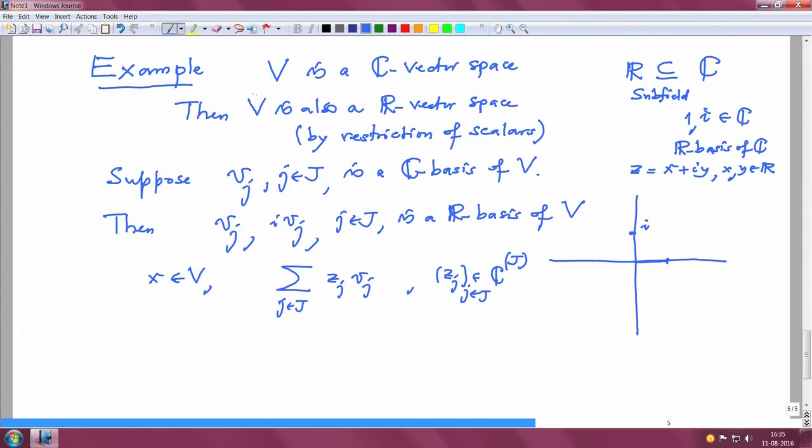This is given, because the v_j generate V as a C vector space.